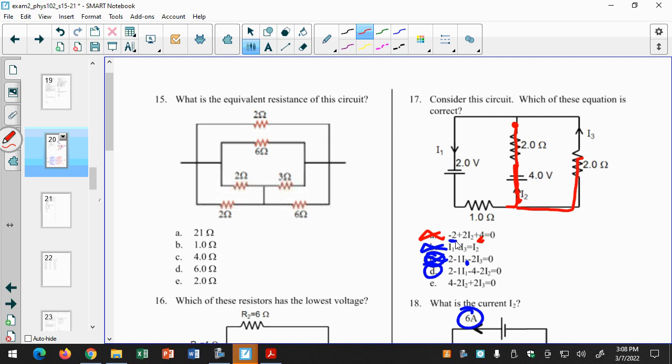You'll see how this equation, if I were to write it, would be minus 2I2 plus 4 minus 2I3 equals 0. And that's not what I have here. I have something different right here. It's off by a negative sign. I could make this one correct by making this positive and making that negative. Ben.